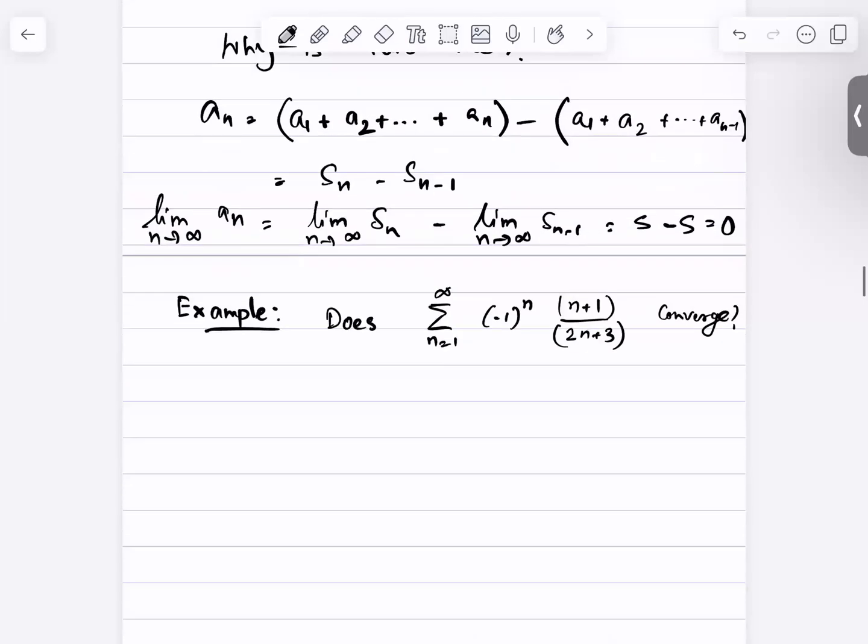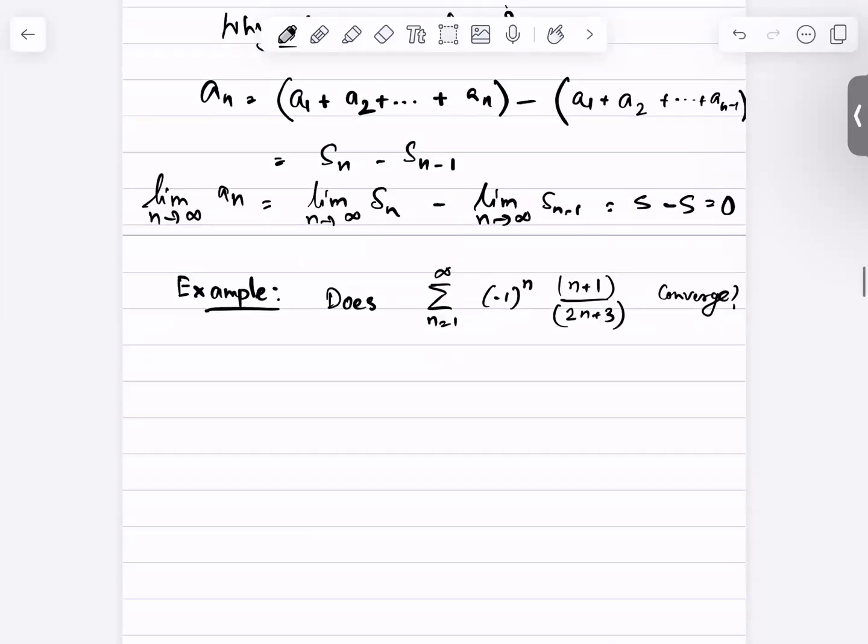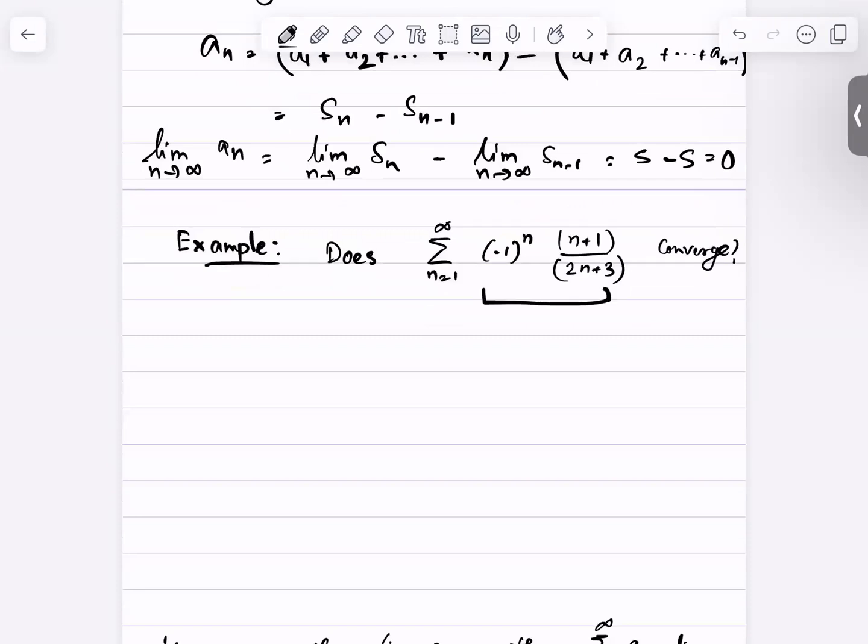So this example might be more helpful in light of that. So here, this is my term an, right? Now, if I consider modulus of an, because there is minus 1 to the n, so there is a question about sign, and I don't want to go so deep into signs.